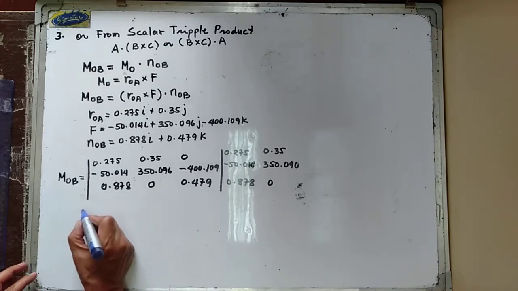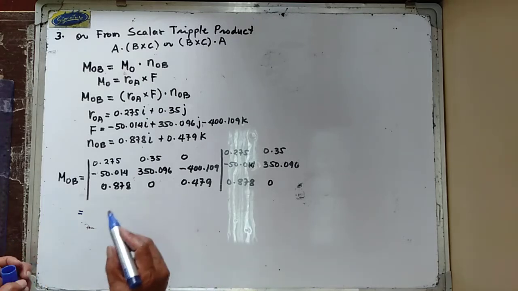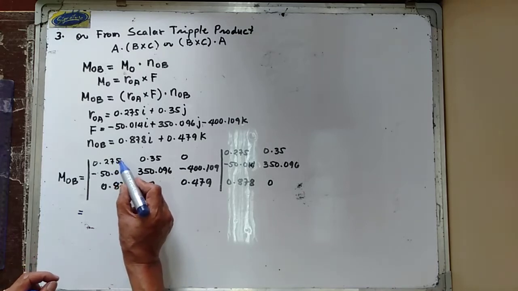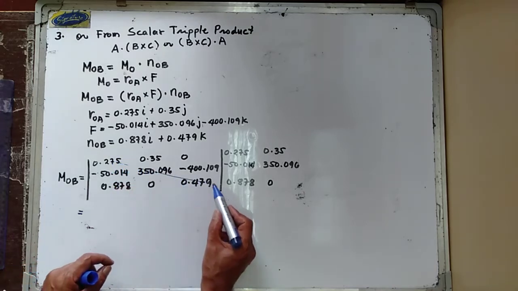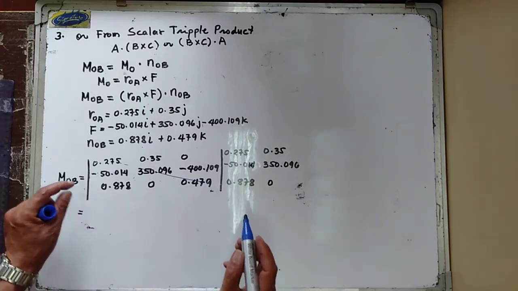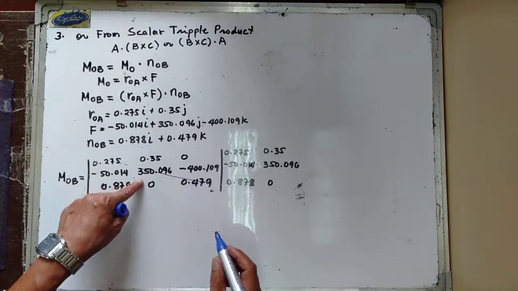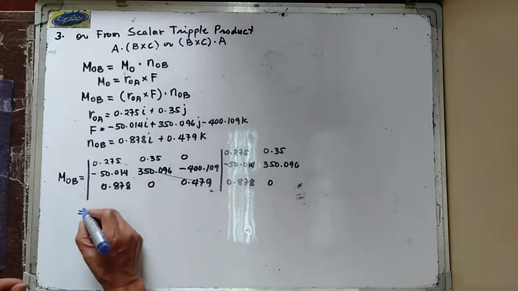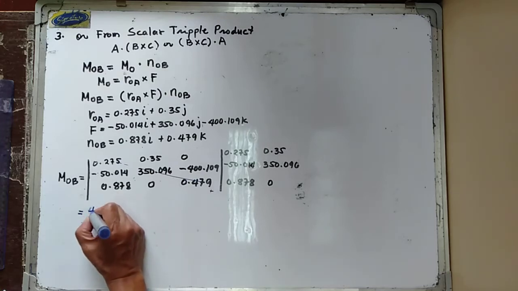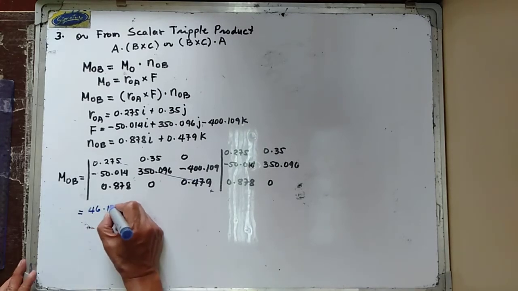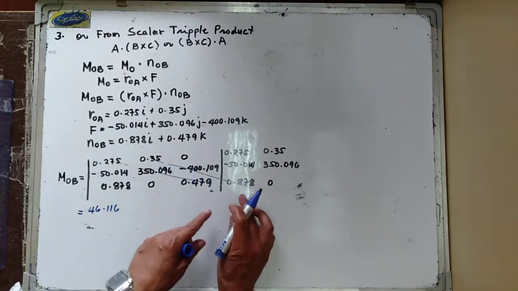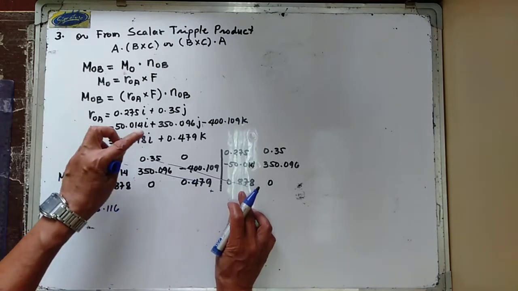So this is therefore equal to 0.275 by 350.096 by 0.479, which is equal to 46.116. Okay, so that is plus, and 0.35 negative.